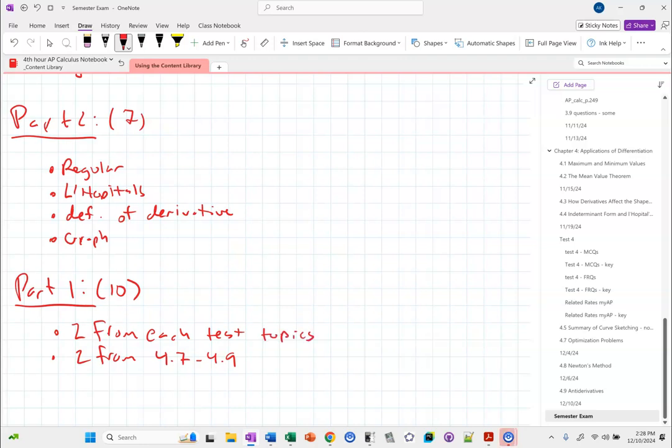Not copied and pasted, but I would say, in general, the questions that I've written for the exam are easier than the average test question would have been.